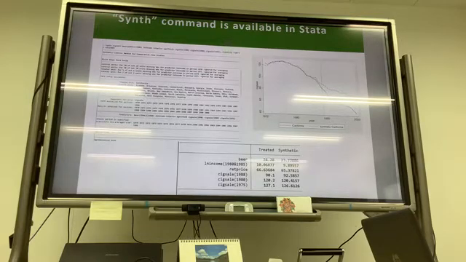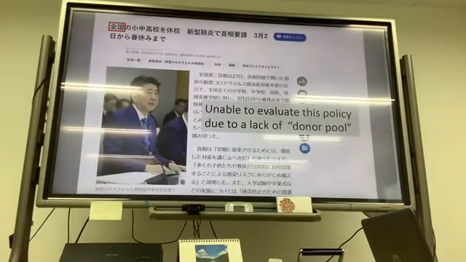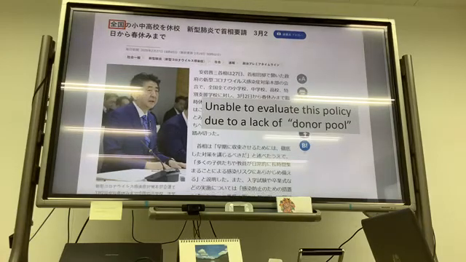And we can adjust covariates such as, for example, the proportion of teenagers or income levels or unemployment rate and so on. Okay. Yeah. Thank you. That's all.